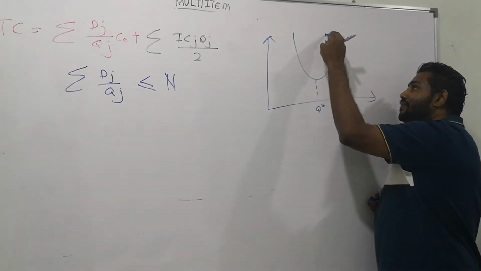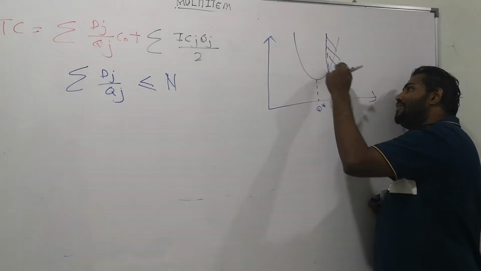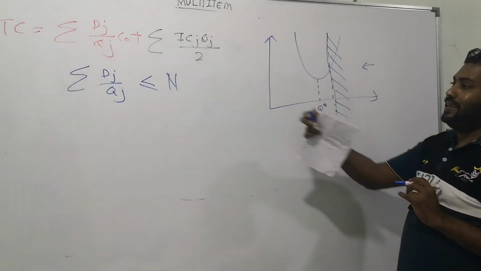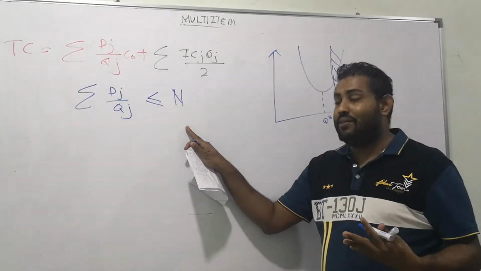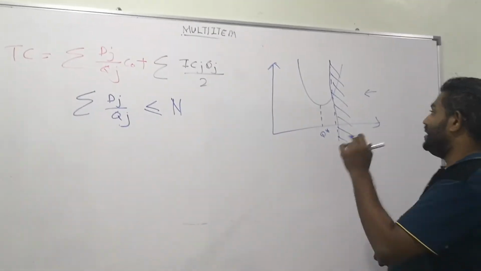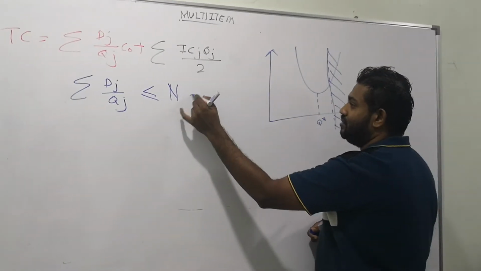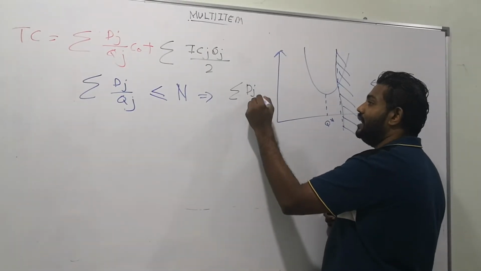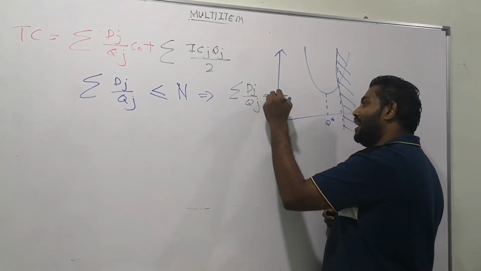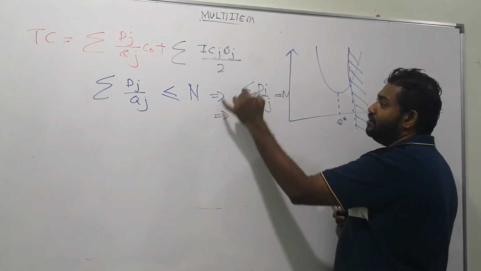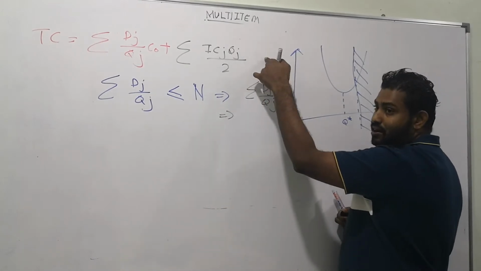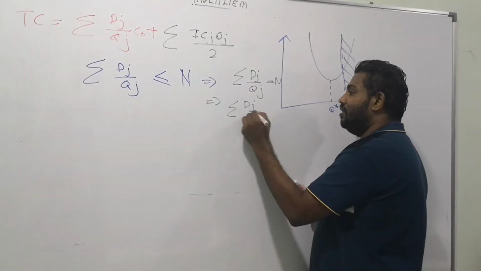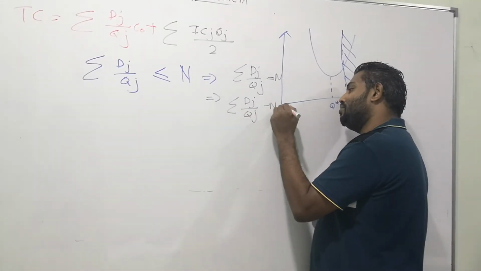If you look here, this is our line, and it is less than or equal to the given constraint. So we need to change this inequality, which binds with our constrained optimization problem, into the summation of dj over qj equals n, where we can substitute the whole equation into our total cost to make the Lagrangian expression, the summation of dj over qj minus n equals 0.